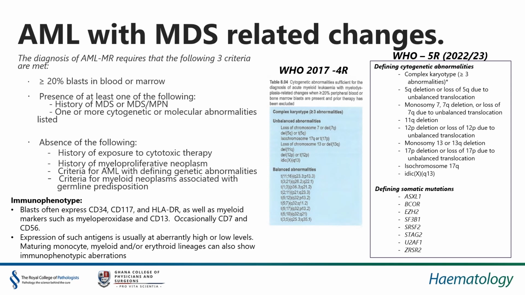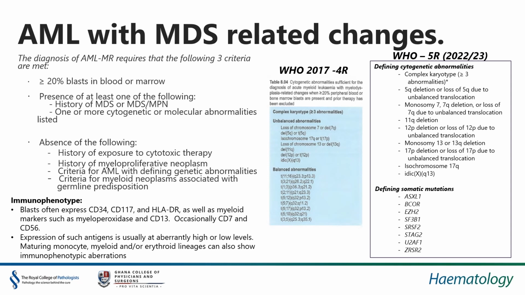Now, in cases of AML with MDS-related changes, blasts will often express CD34, CD117, HLA-DR, as well as our usual myeloid antigens such as myeloperoxidase and CD13. Now, occasionally in AML with MDS-related changes, you can find the expression of CD7 and CD56. The expression of such antigens is usually quite aberrantly high or very, very low.